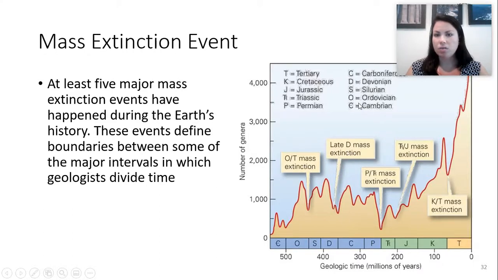This is a rough guide to what those letters mean in geologic time. We have the Cambrian, Ordovician, Silurian, Devonian, and so on and so forth, and these events can often separate out geologic time intervals.